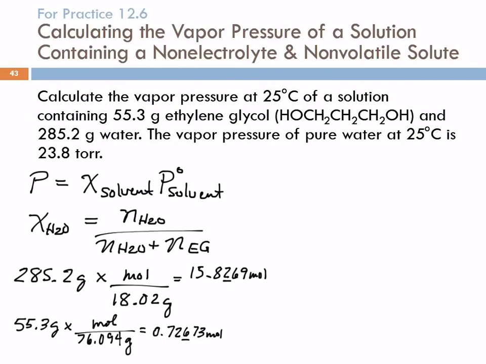So we'll plug the number of moles into our equation for the mole fraction. And then in the bottom we have the sum of the two. Plus 0.72673.